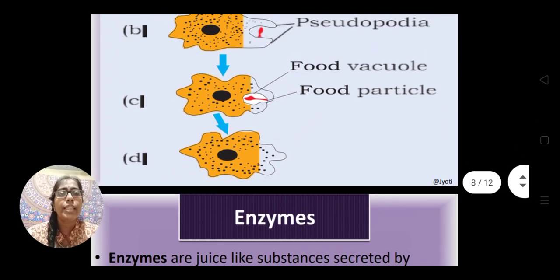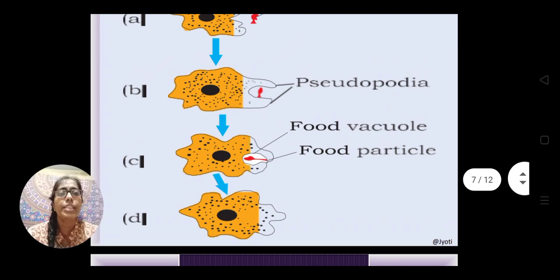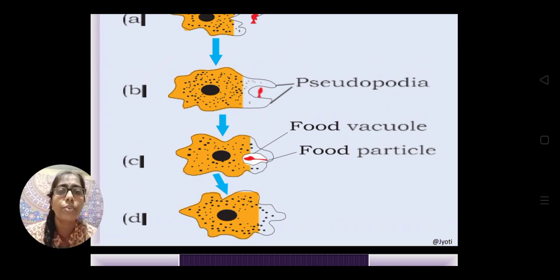In this way the food is engulfed by the cell, so it is known as phagocytosis. In diagram D you can see that the pseudopodia are withdrawn and the irregular shape of the body is there again, and the food vacuole moves in the cytoplasm, and during its movement the digestion takes place.